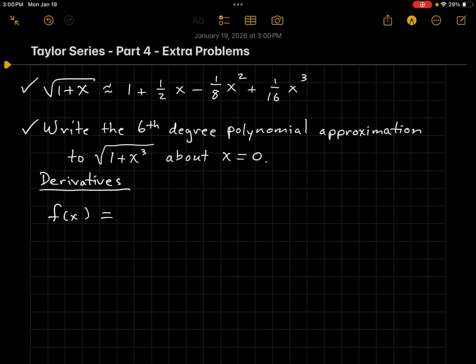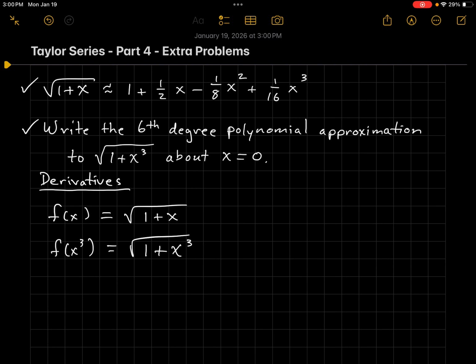And let's write f of x equals the square root of 1 plus x. Then f of x cubed is the square root of 1 plus x cubed.